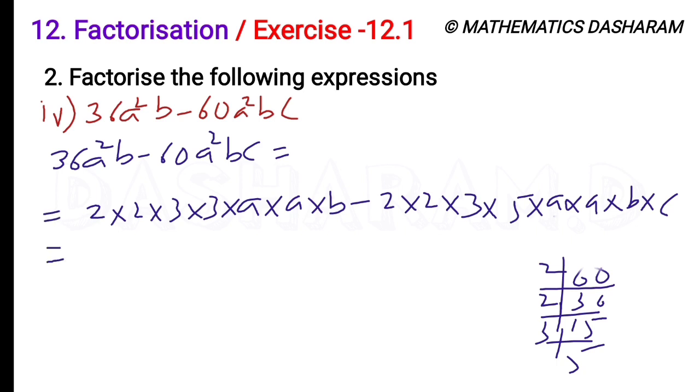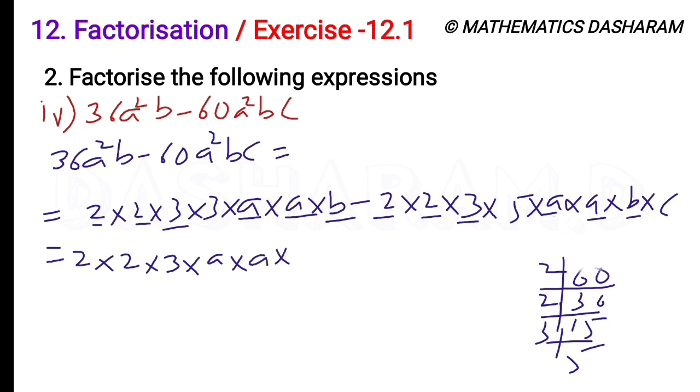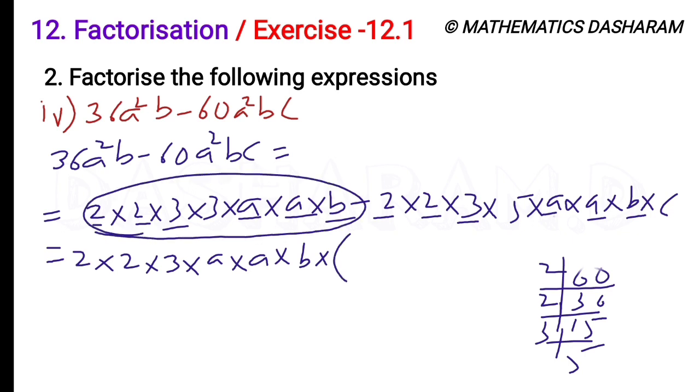So it is equal to, here 1 2 common, next one more 2 common, next 1 3 common, next 1 a common, one more a common, next 1 b common, into, take the bracket. So here the remaining term is what?